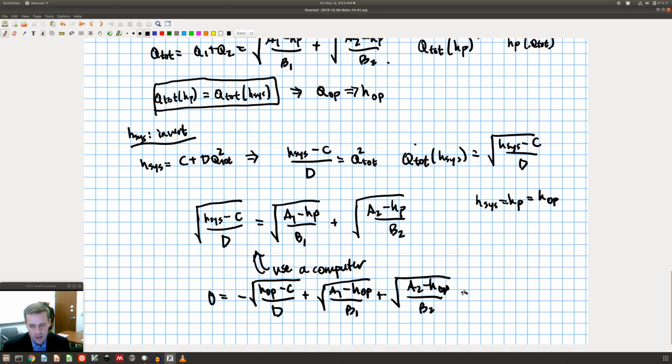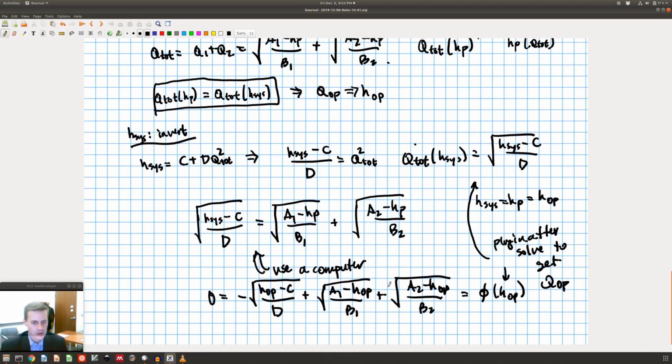And I'm going to solve that, which is some function of H operating point, to find the operating point. Once I have that, I can go back and plug it into one of my equations up here, like this one, to get Q operating point.